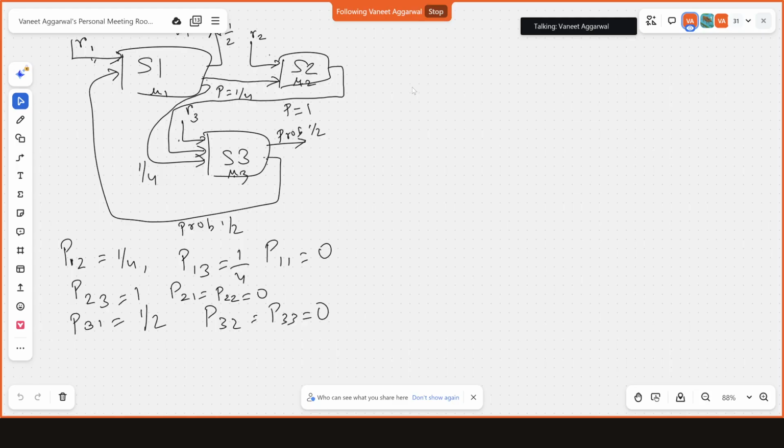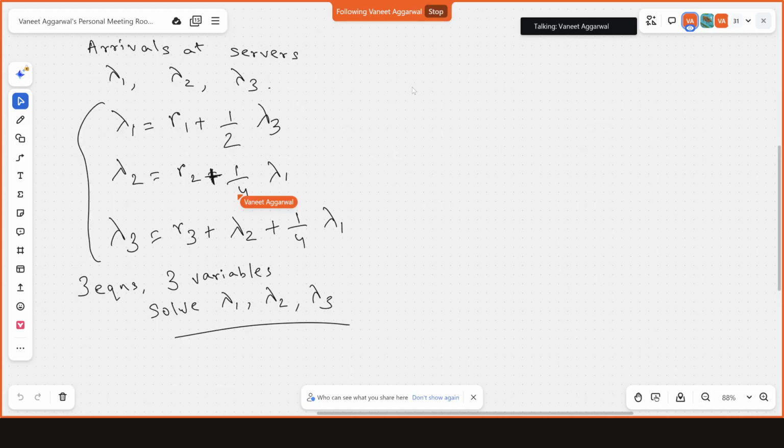So we are assuming R's, Pij's, and mu's, but the lambdas are not given, so the lambdas have to be found. Having found the lambdas, we can ask the same type of questions as we did for the tandem queue.